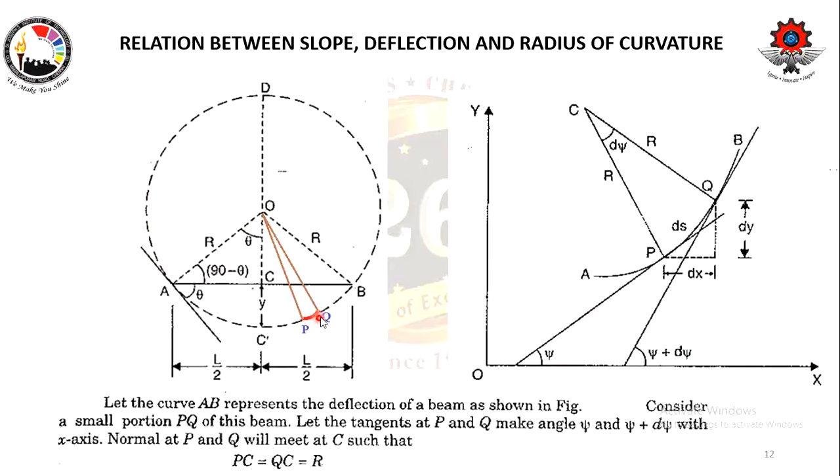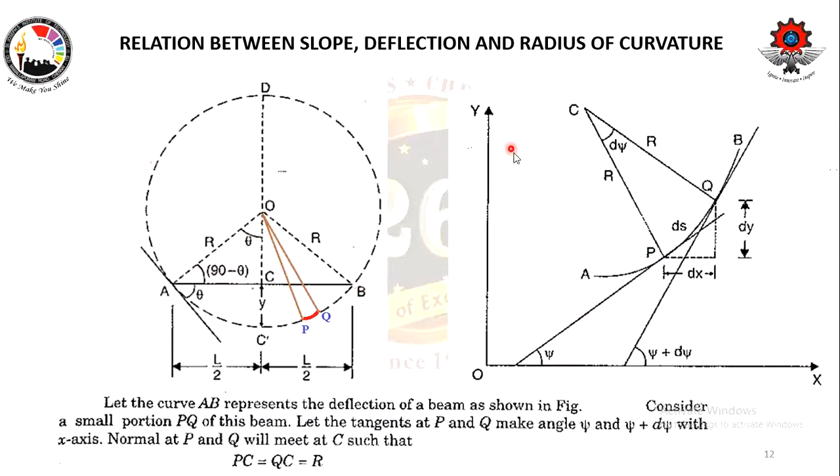Now you are going to take a small portion PQ on the elastic curve. We are going to take a small portion PQ on the beam, and the radius of curvature for this, which I have shown in a different color, is OP and OQ.